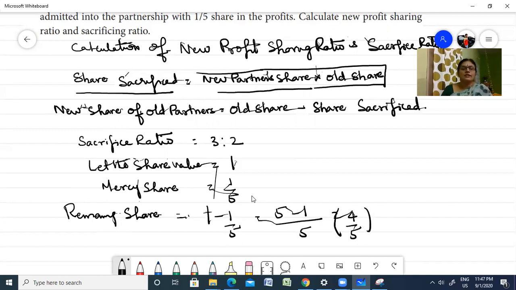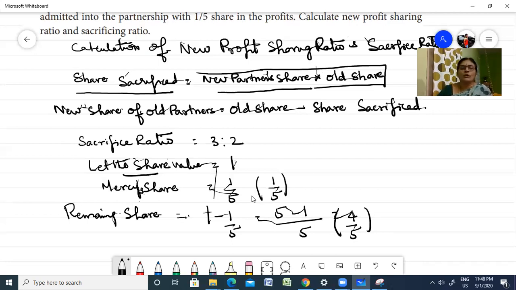Let us assume the share is 1 and Mercy's share is 1/5. It's not written clearly, so I'm writing it again. The remaining share is 1 minus 1/5, so 4/5 is the remaining share which belongs to the old partners.